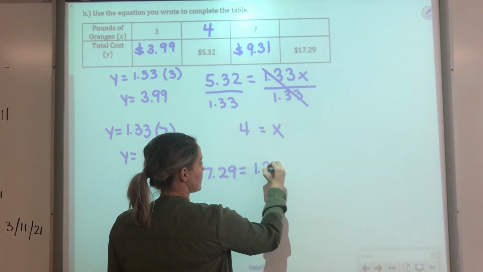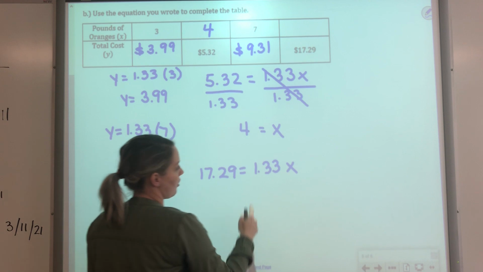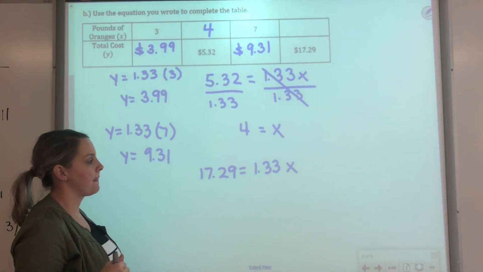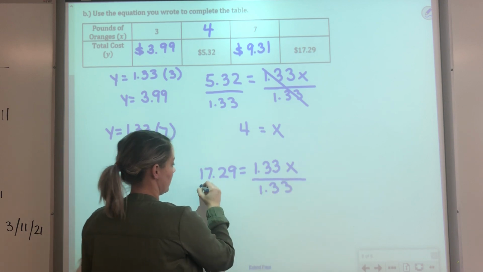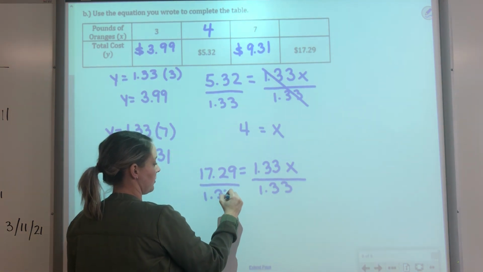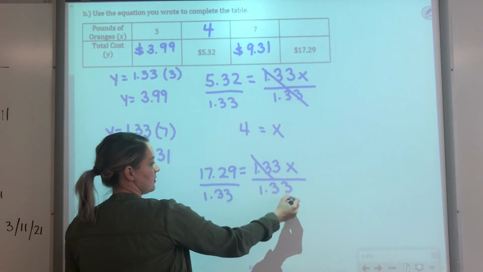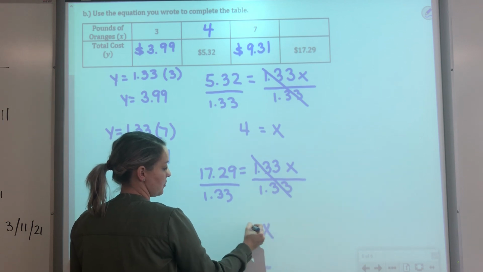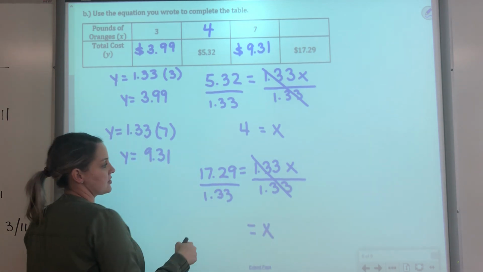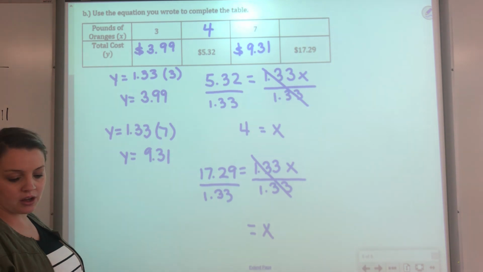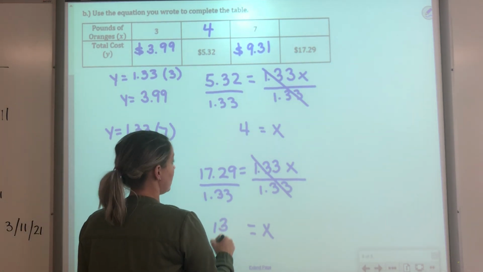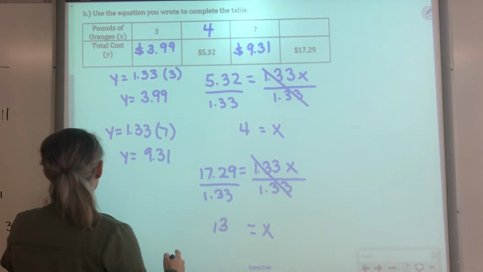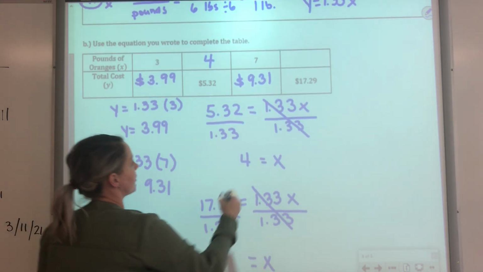We know the cost per pound, but we don't know how many pounds we bought. So I have to divide both sides by $1.33, just like we did in the last problem here. Those cancel because that equals 1. $17.29 divided by $1.33 is going to be 13. So that means that with $17.29, we bought 13 pounds of oranges.